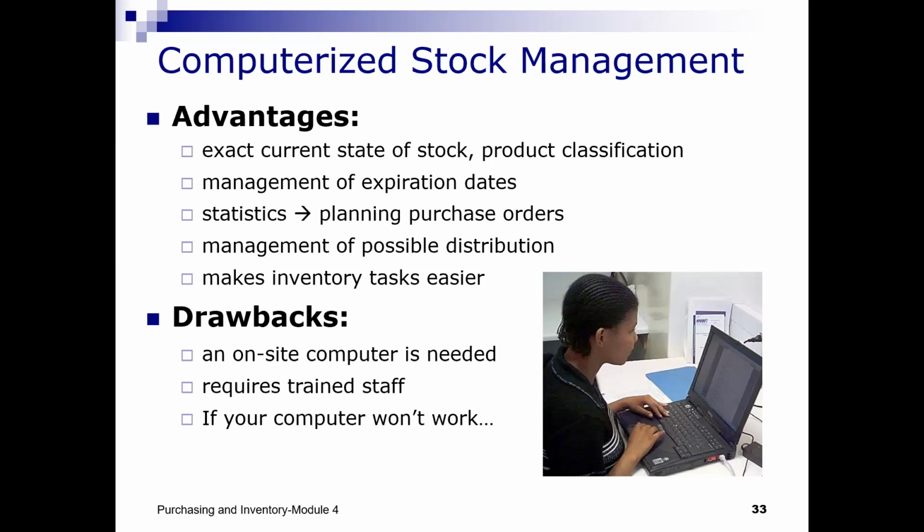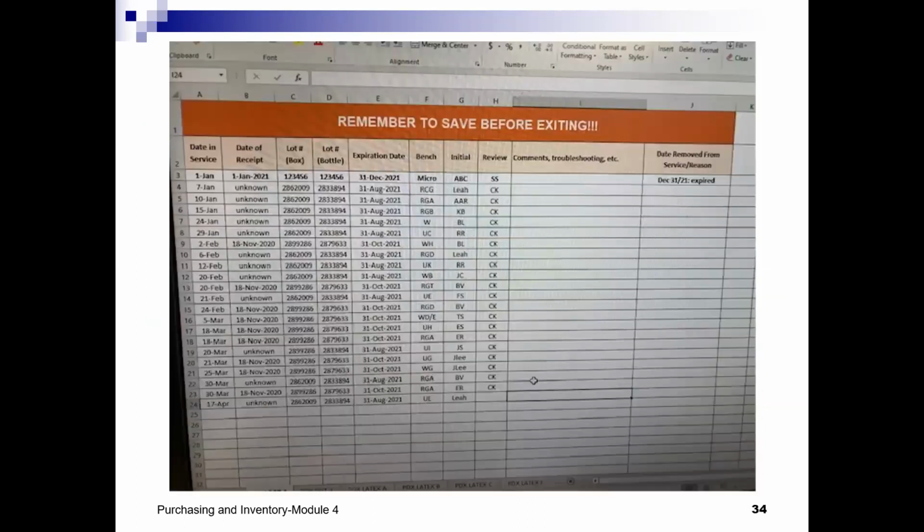And if you're in a situation where you have power outages or something like that, you have to make sure that your computer is still going to be functional when you need it. So if you don't think your computer is going to be working for you, or you only have one person who can use it, then it might not be the system for you. But if you do have good access, it can make things a lot easier.